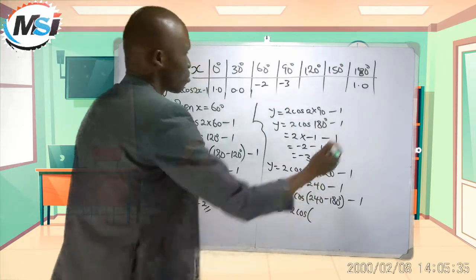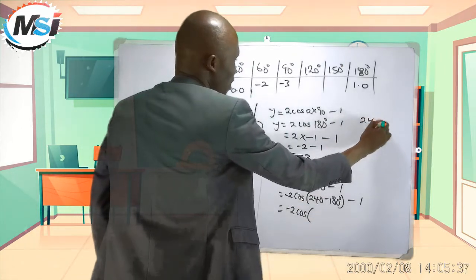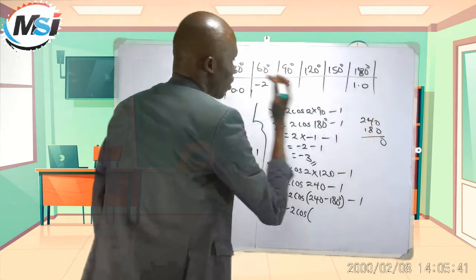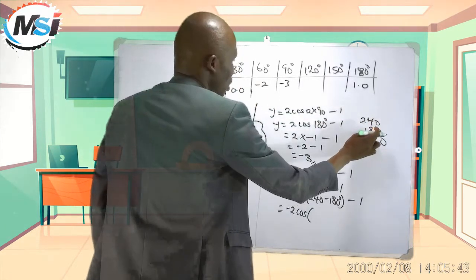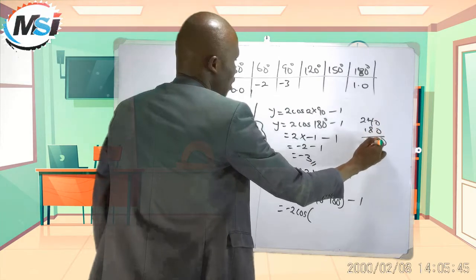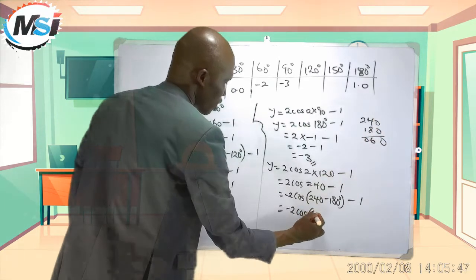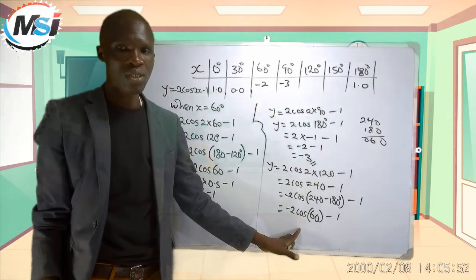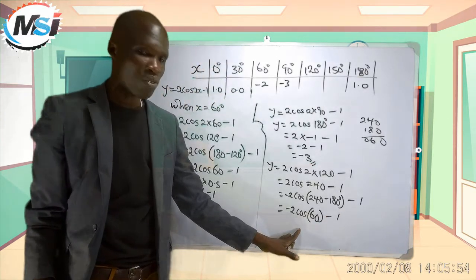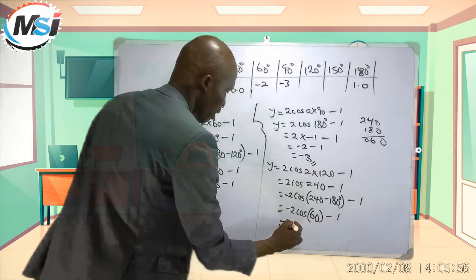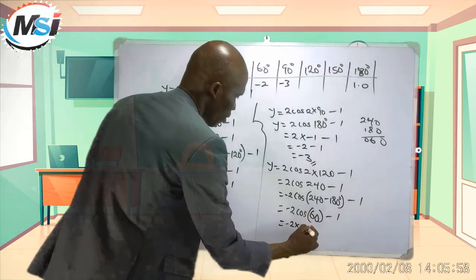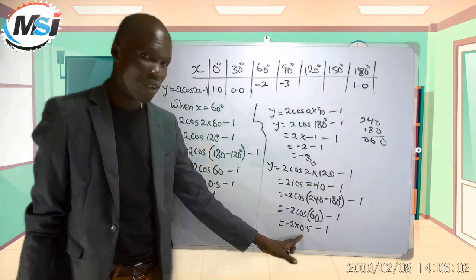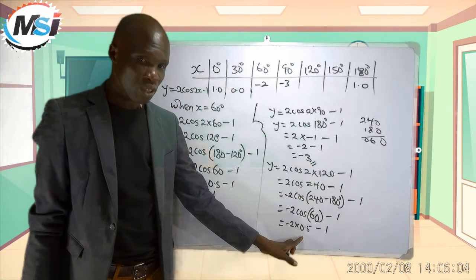Okay, permit me to do something. 240 minus 180 is 60, so this will give us minus 2 cos 60 minus 1, and you know that cos 60 will give you what? 0.5. So this one will give us minus 2 times 0.5 minus 1, and you know that 0.5 is 1/2, right?